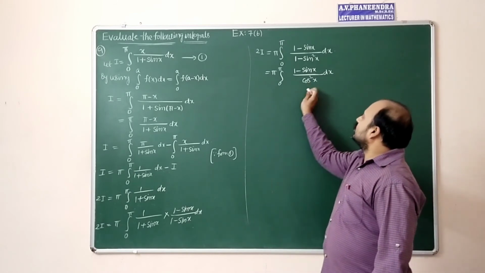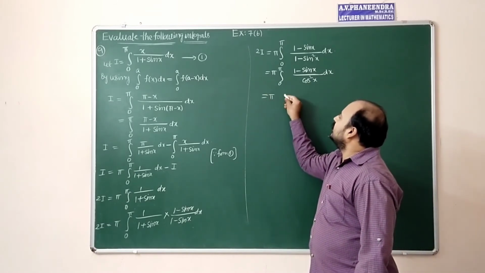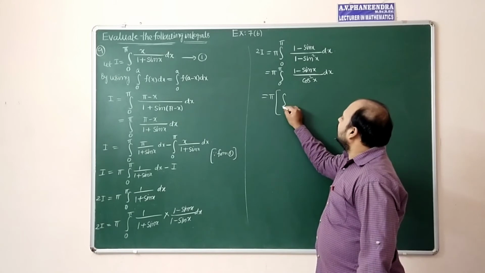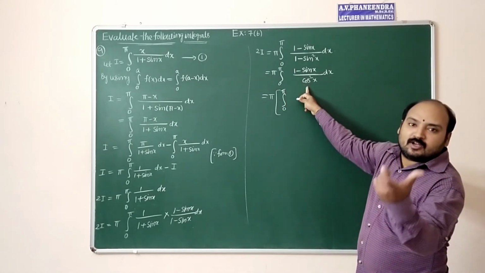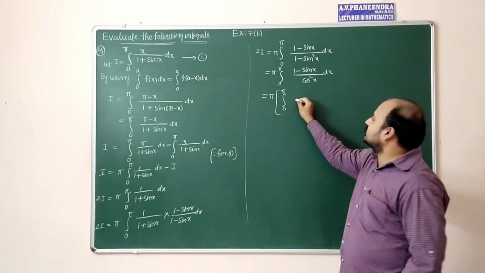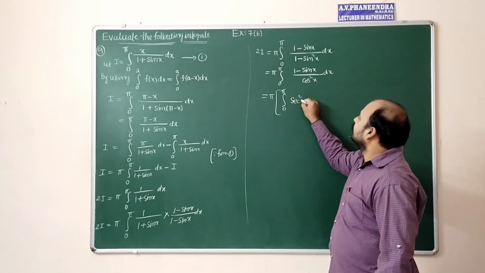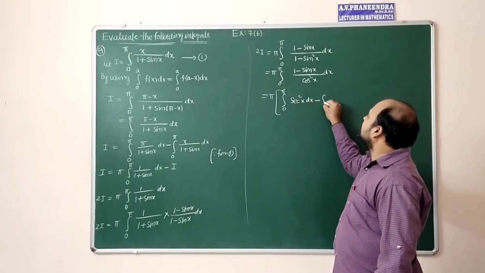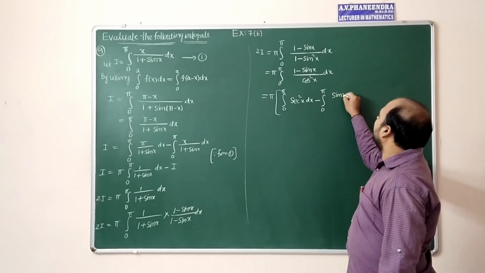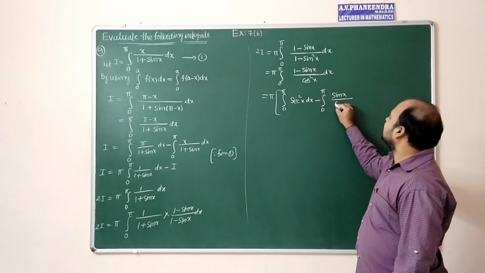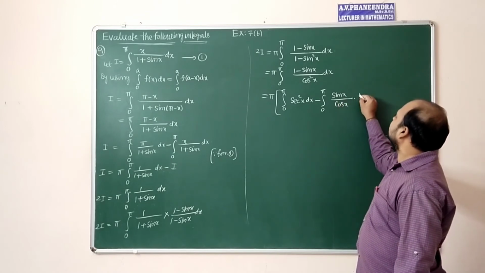Now split into two integrals, pi into integral 0 to pi 1 by cos square x. 1 by cos square x is the reciprocal, secant. So secant square x into dx minus integral 0 to pi sin x divided by cos square x. We can write it as sin x by cos x into 1 by cos x.